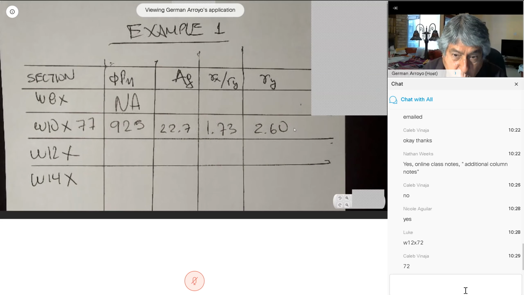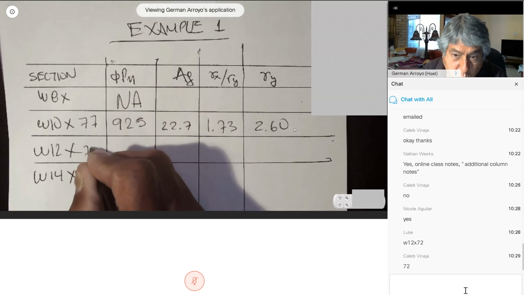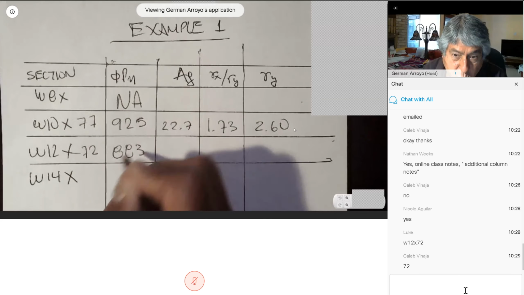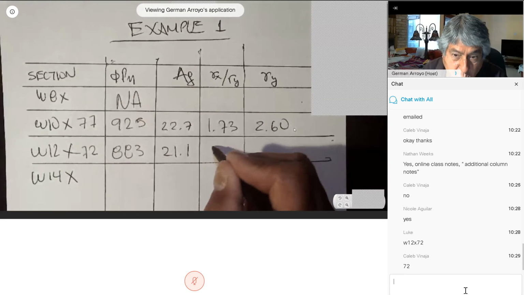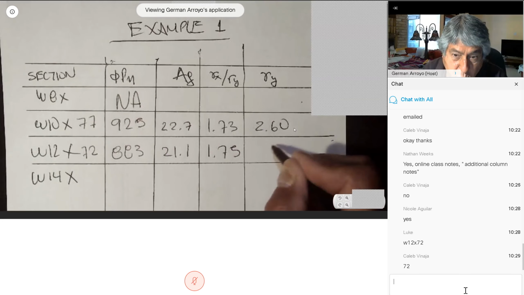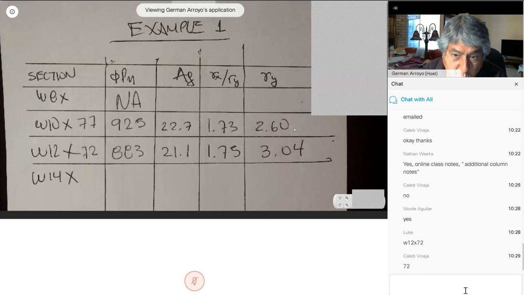That's correct. W12 by 72, and I do the same. This is 883, gross area 21.1, Rx over Ry 1.75, and Ry is 3.04. Anybody have a problem? And be honest.